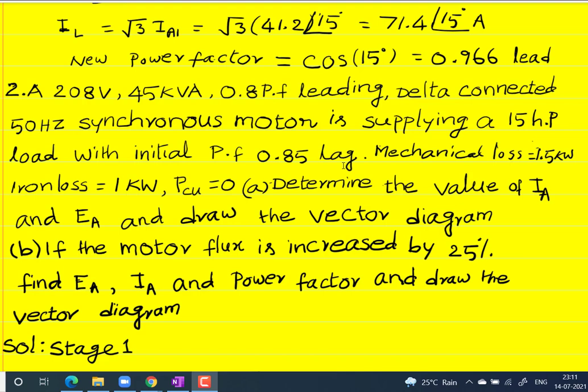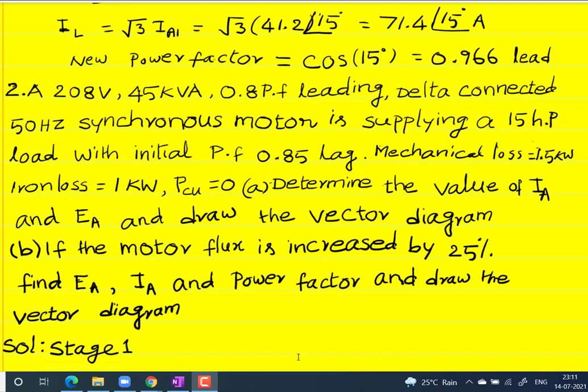Mechanical loss is given as 1.5 kilowatts, iron loss is given as 1 kilowatt, and copper loss is given as 0. Determine the value of IA and EA and draw the vector diagram. B: if the motor flux is increased by 25%, find the excited voltage, armature current and power factor, and draw the vector diagram.